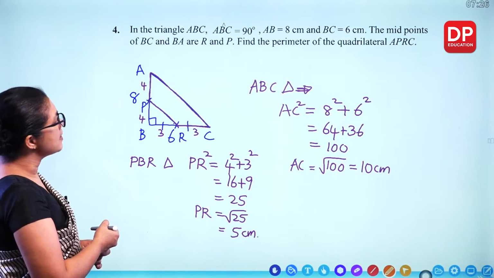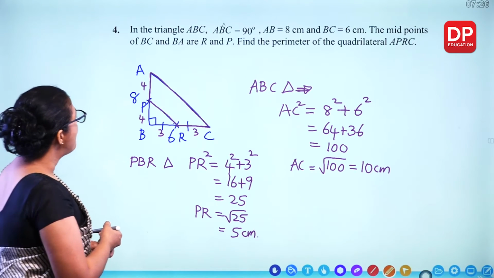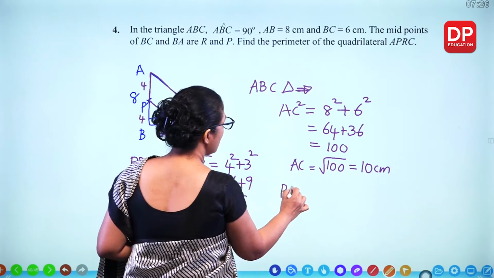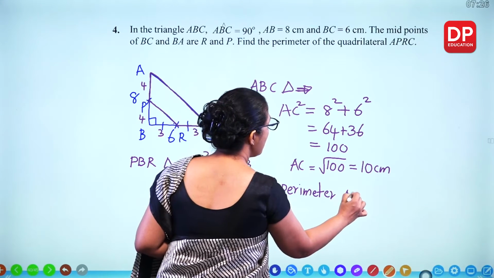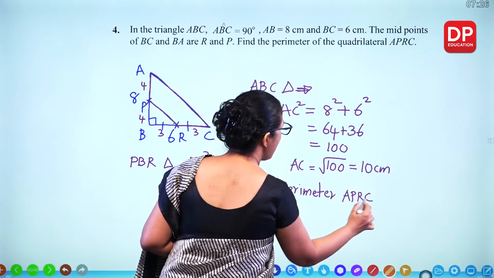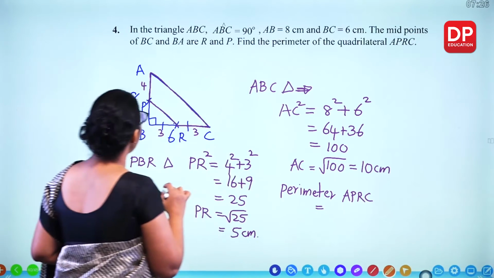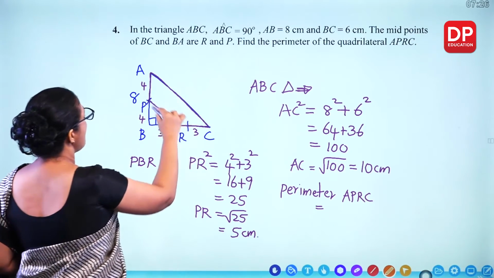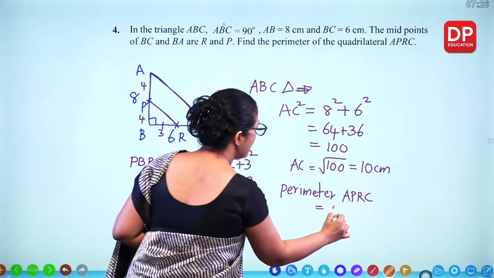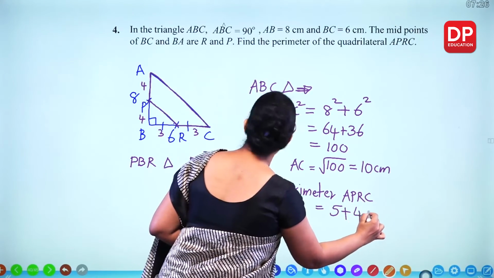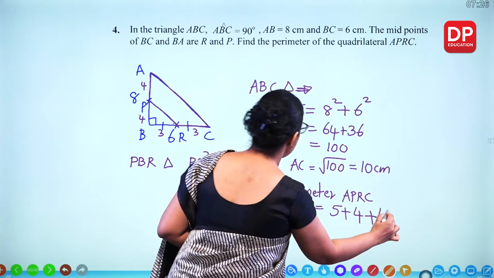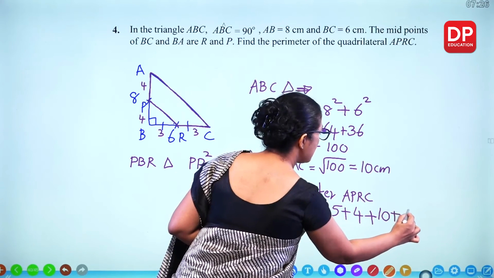Now, what's the perimeter? Perimeter of APRC quadrilateral is PR, 5, this length is 4, AC is 10 and RC 3.